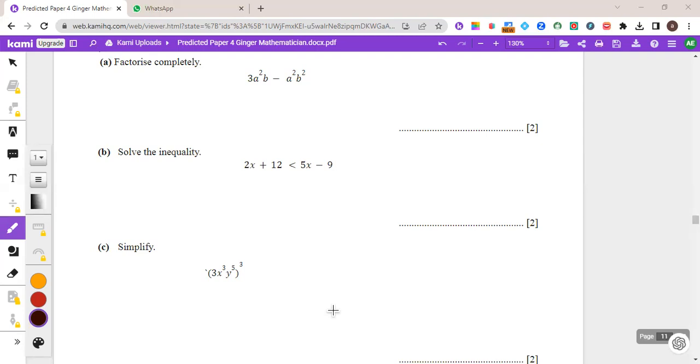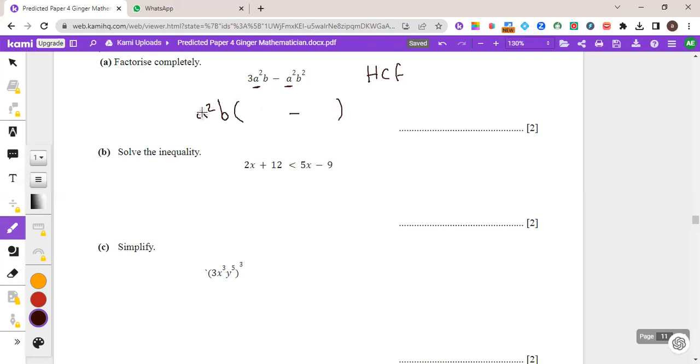Factorize completely 3a squared b minus a squared b squared. So what is the common factor? It will be a and b. You will take the smallest one. You have a squared and a squared, so it is a squared. And b squared and b, take the smallest one, which is b.